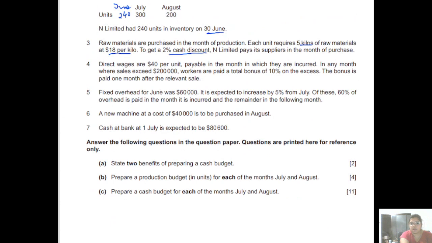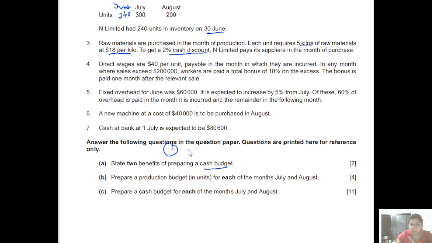In part A, they ask you to write down 2 benefits of preparing a cash budget. So what are the advantages, what are the benefits of a cash budget? From the cash budget you can arrange credit if there is a cash deficit.